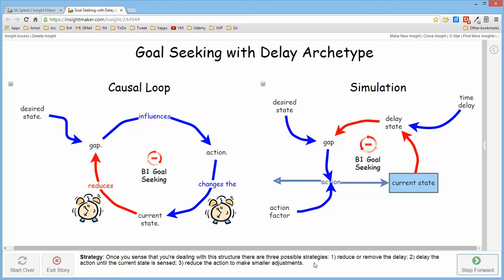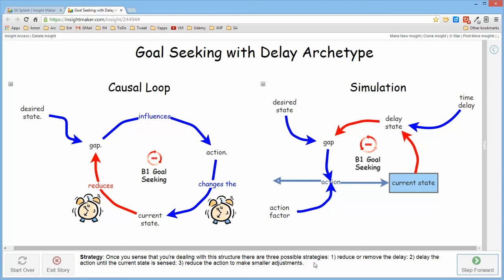In other words, if the gap, the difference between the desired state and the current state, is 2, the action that you take might be 0.5 to move it in the right direction, though not so much as to overdrive the current state. So there's 3 possible approaches.